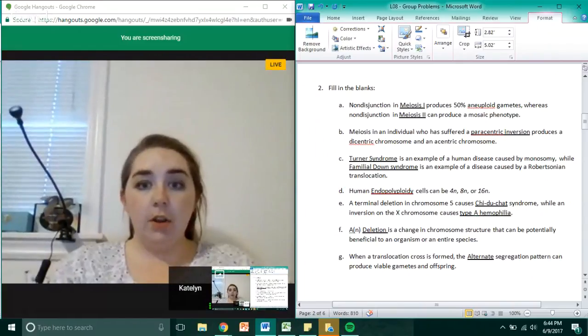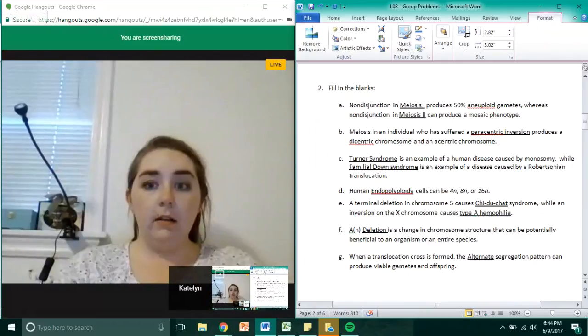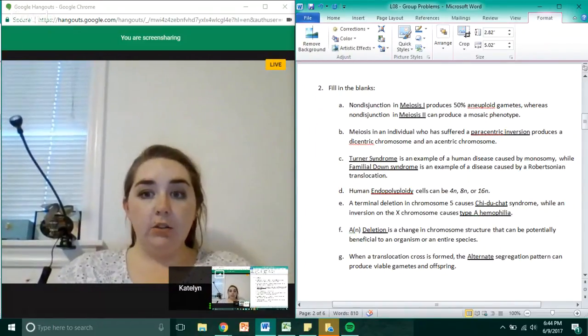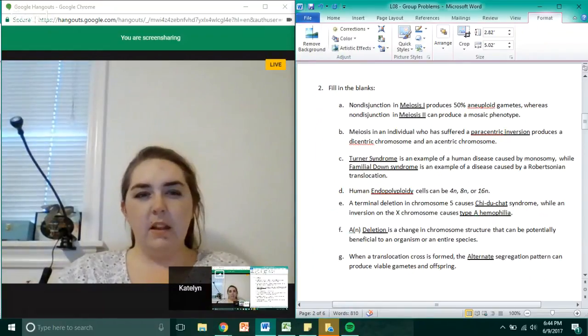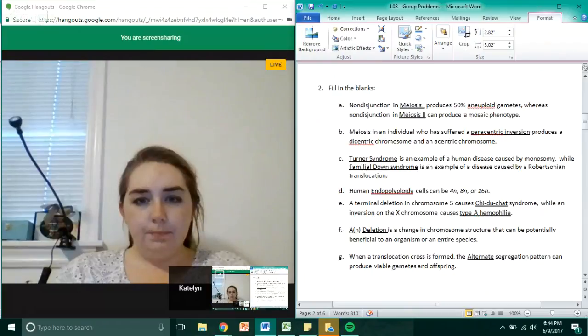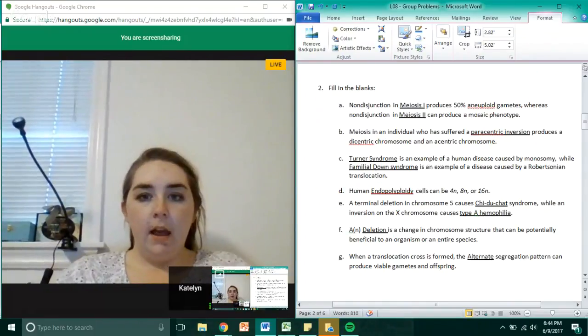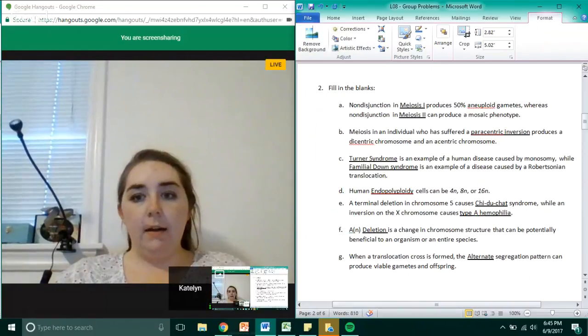Okay, Turner syndrome is a monosomy because it removes one of the sex chromosomes. The familial Down syndrome is caused by Robertsonian translocation because it doesn't really have much of an effect. It's not very phenotypical. Human aneuploidy can be seen by cells of 4N, 8N, or 16N, so that would mean multiple copies of the same chromosome.